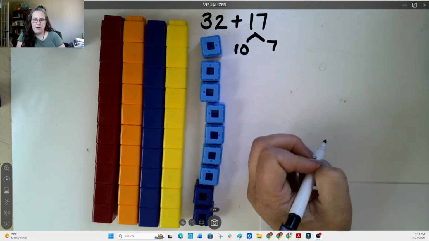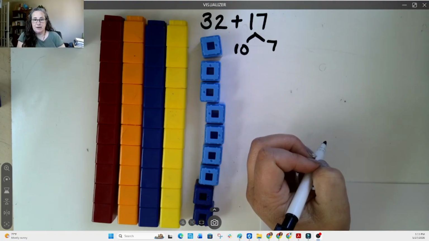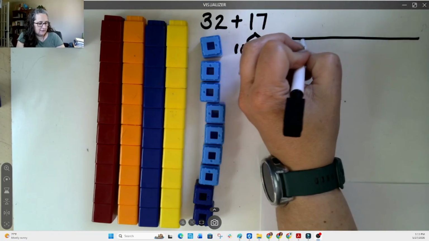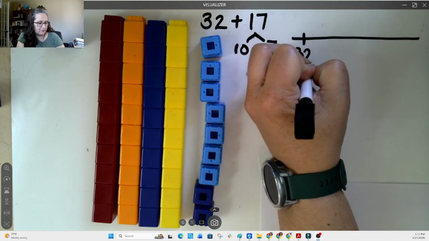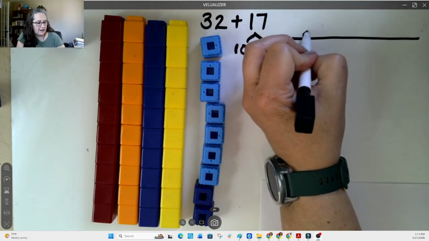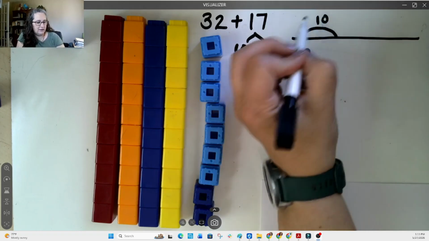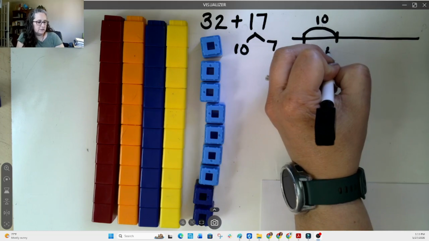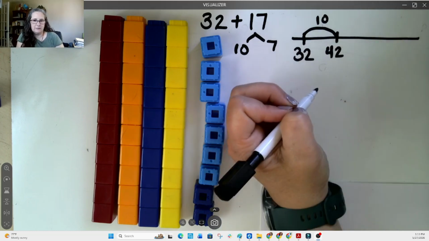So let's think about how we could write this or draw a picture of what we did. We started at 32. We added on 1 unit of 10, and we went from 3 tens, 2 ones, to 4 tens, 2 ones.